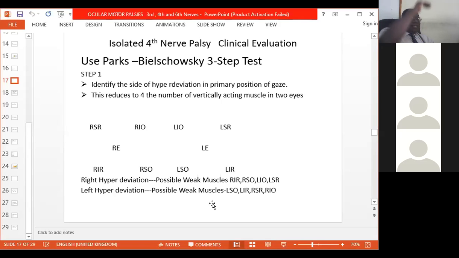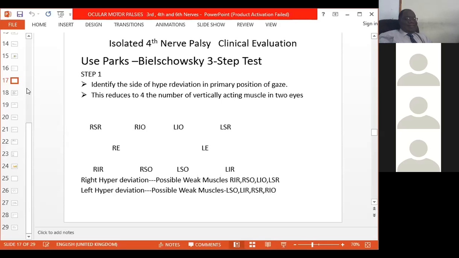The hyperdeviated one, the depressors are weak, and in the other eye, the other possibility, so this eye looks like it's hyperdeviated. Meanwhile, it's the other one. I think that's the first step to understand that.